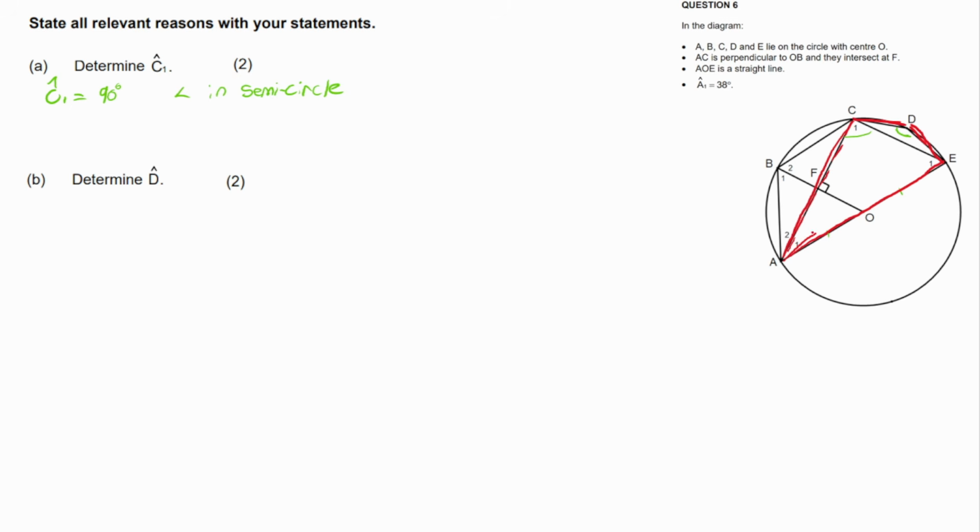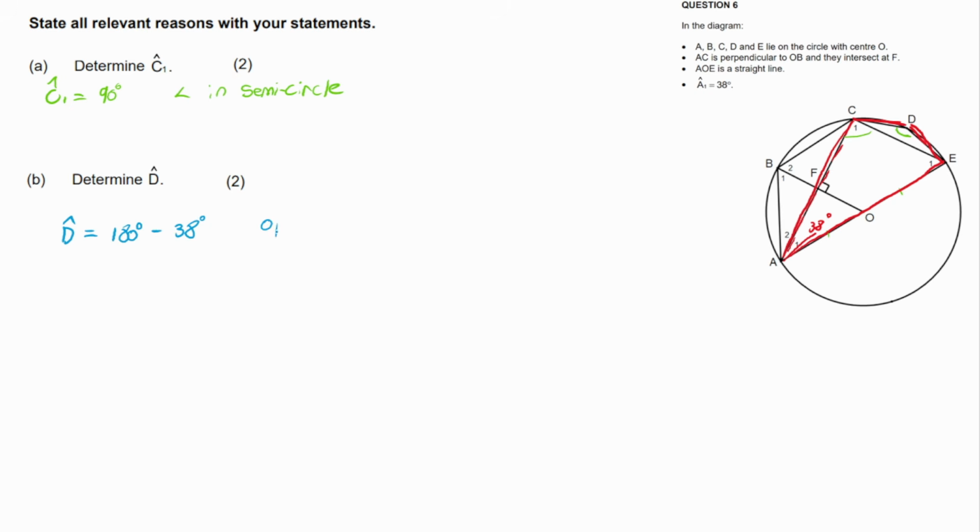And we know that A1 is 38 degrees. So we can just use our cyclic quad theory that if you add these two angles, they have to be supplementary. So we know that angle D is equal to 180 degrees minus 38 degrees.